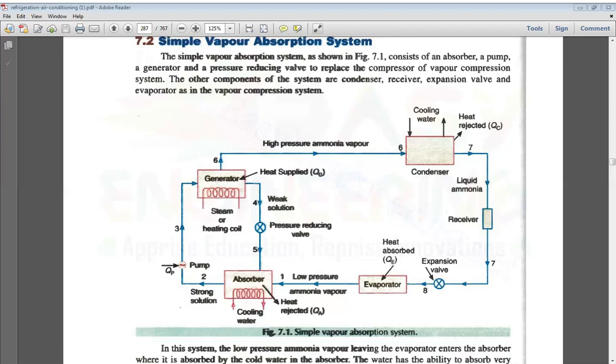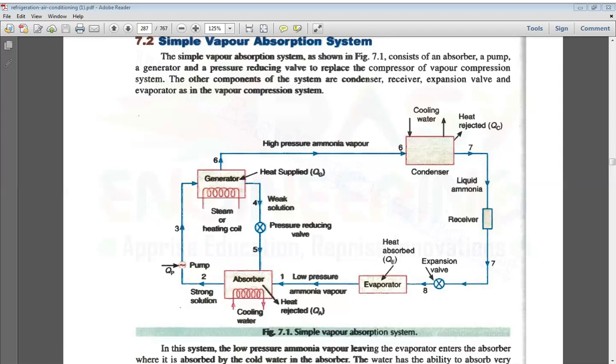In this schematic diagram, the low pressure and low temperature liquid refrigerant leaves the expansion device and is allowed into the evaporator, where heat is absorbed from the substance.